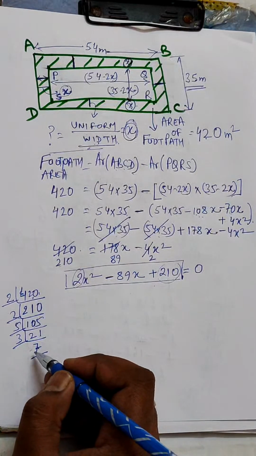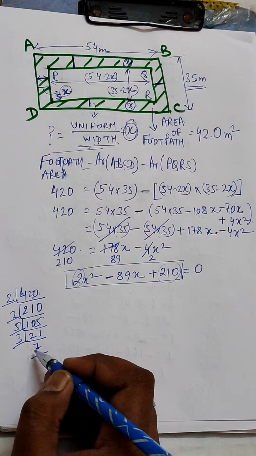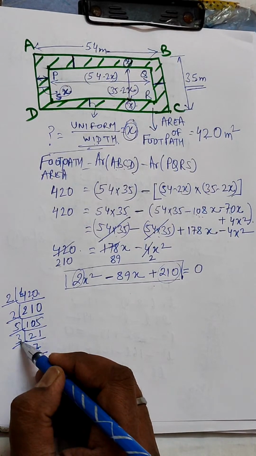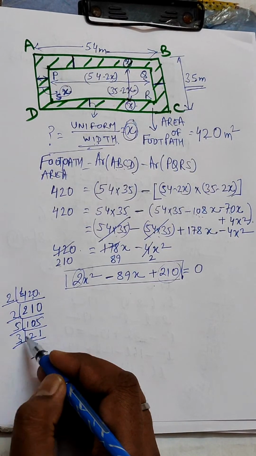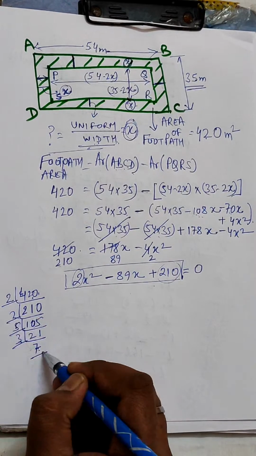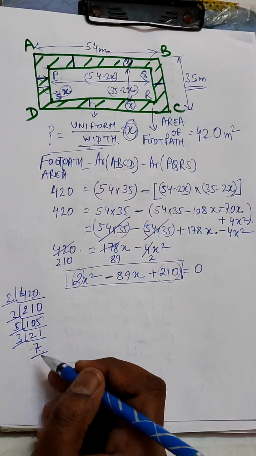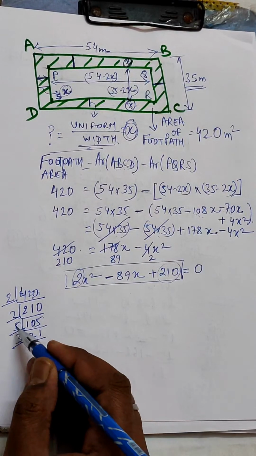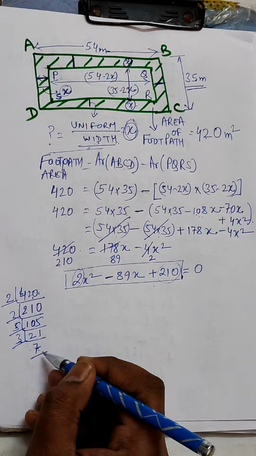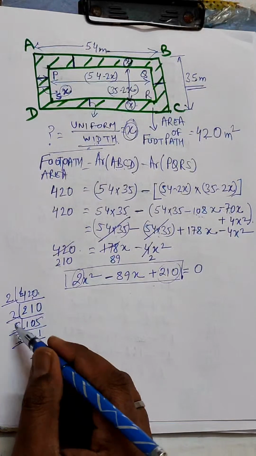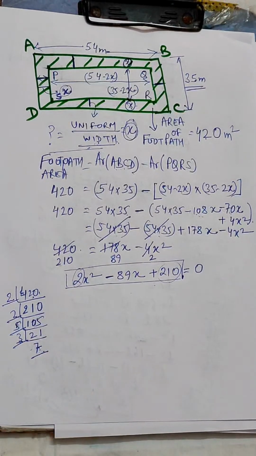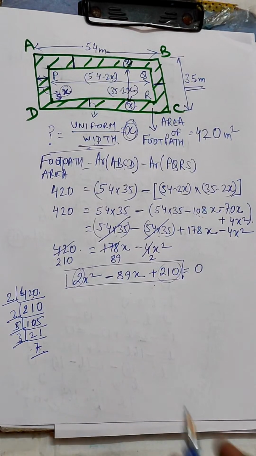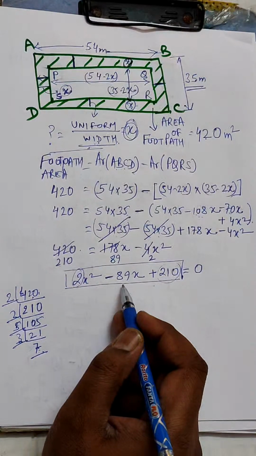So let's do one thing. 7 3 21, 21 and 20, this will not give you 89. Now what will be another combination? Let us try. 5 3 15, 15 7 15 to 30, 30 to 60, 60 plus 7 is 67, this will also not give you 89.